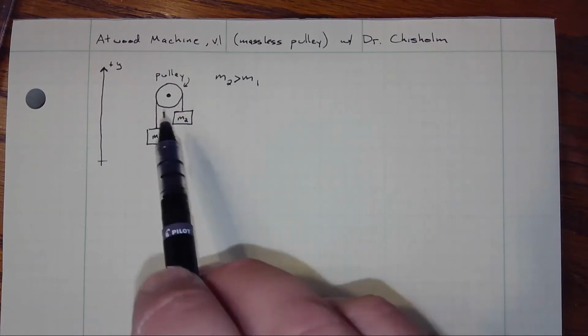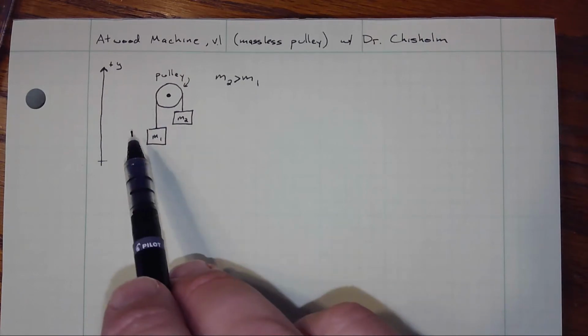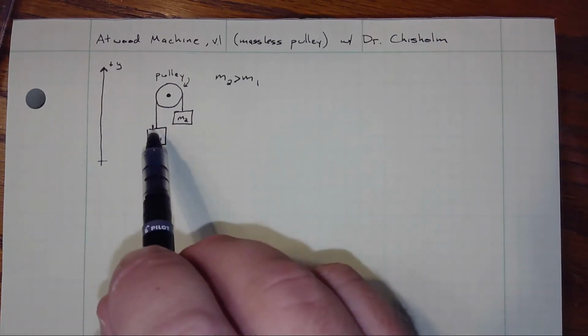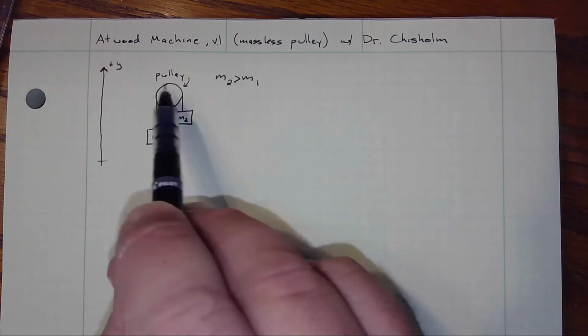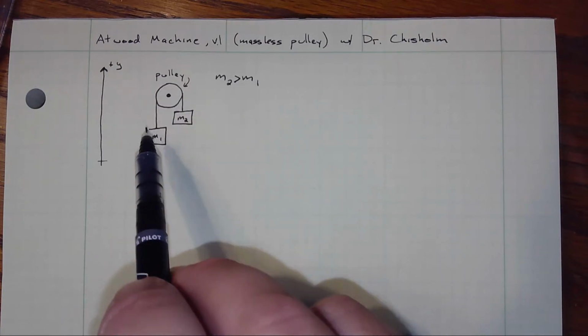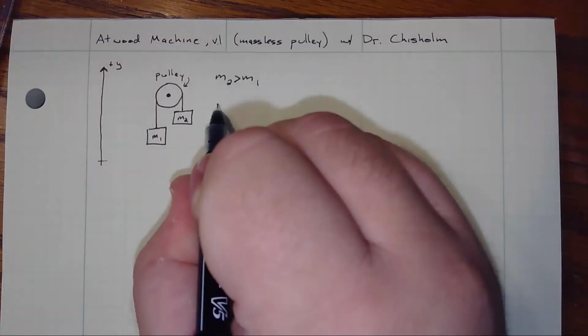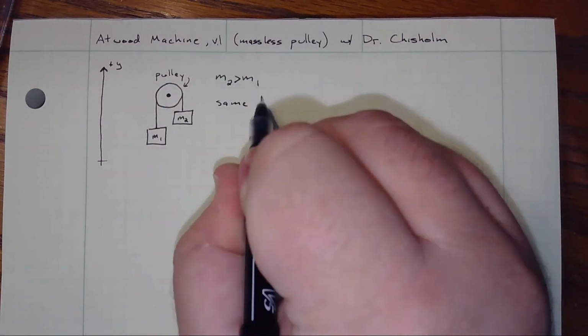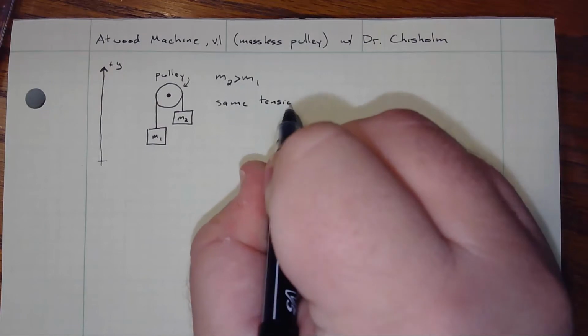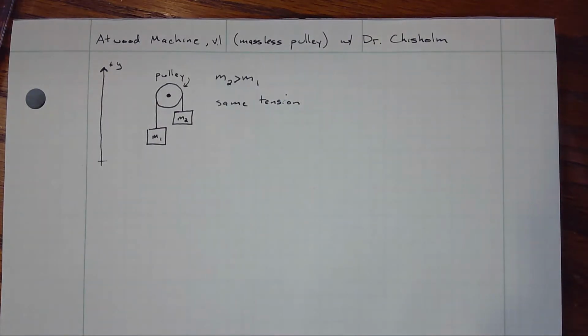The other important thing is that we have a tension throughout this rope. And if we have a massless pulley, then we have the same tension acting everywhere throughout this rope. In other words, I don't need a net torque to make this pulley rotate because I'm treating it as massless, and so I have the same tension throughout.